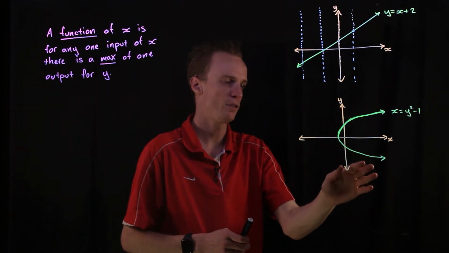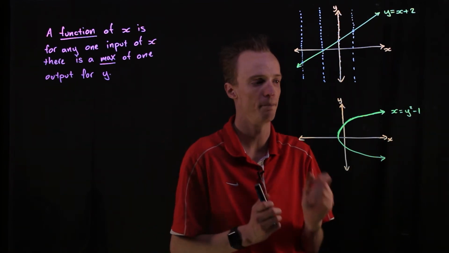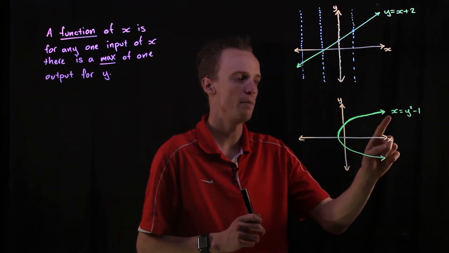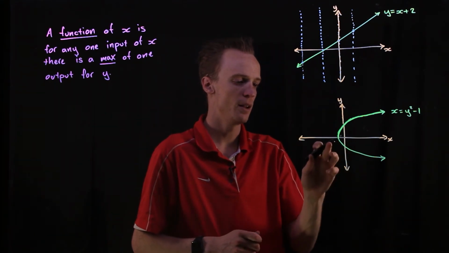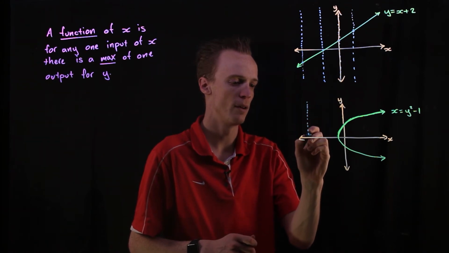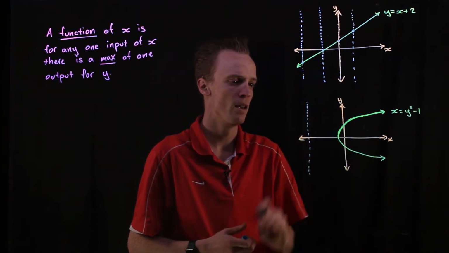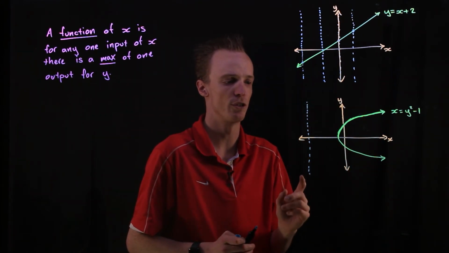Now compare this to the graph down here, the graph of x equals y squared take 1. If I put one input of x in, let's see how many y outputs I can get. Let's start with putting negative 10 in as my x. You can see on my graph that it doesn't have any solutions.